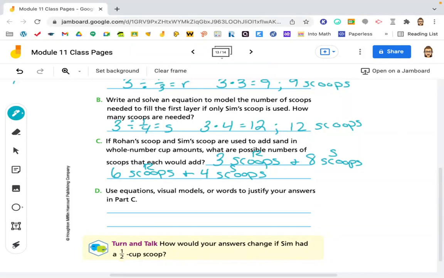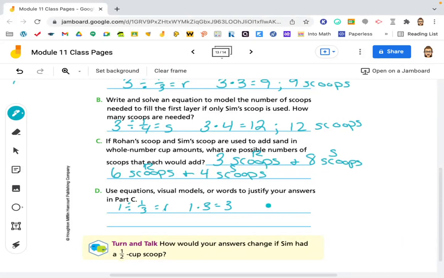It says use equations, visual models, or words to justify my answer in part C. So for the first one we'd have 1 divided by 1/3 equals R. So we'd have 1 times 3 equals 3.